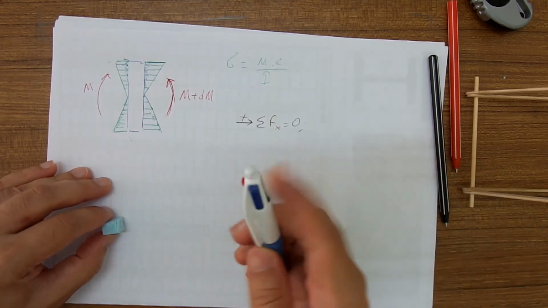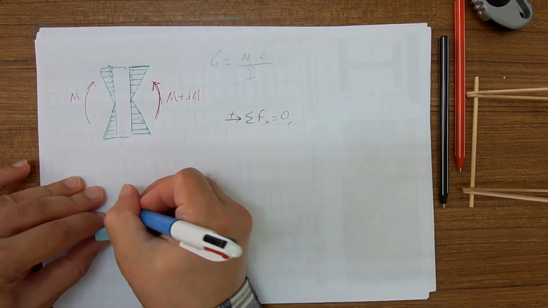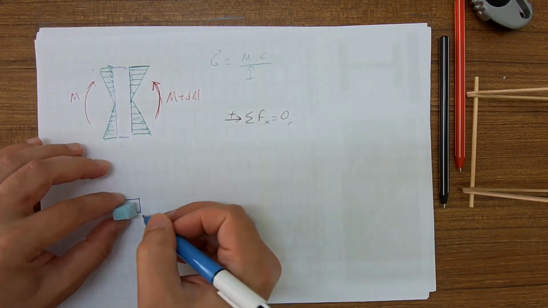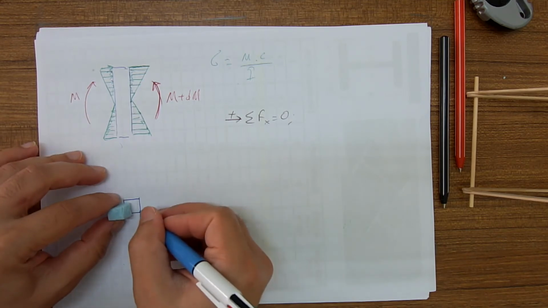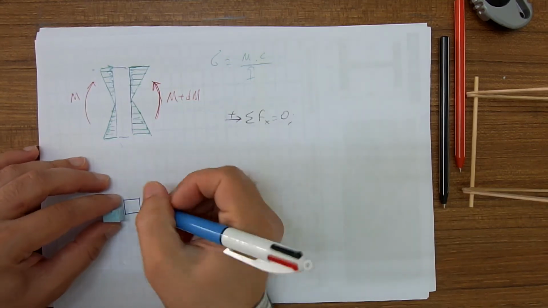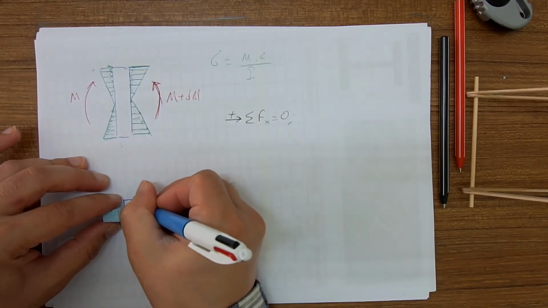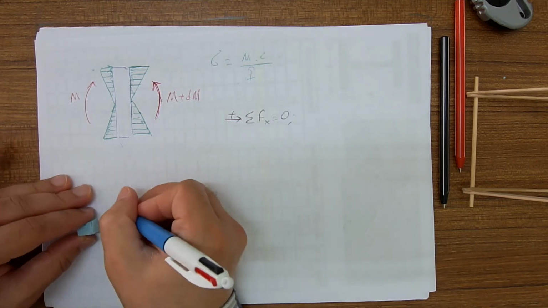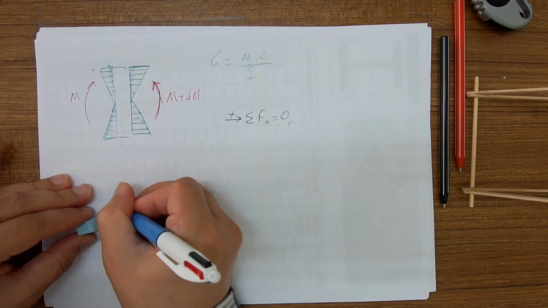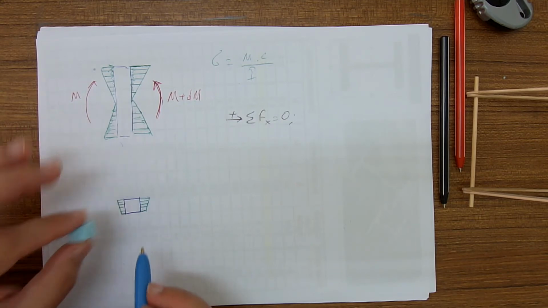Now my section, my part is smaller, and if we draw the shear normal stresses, if we plot the normal stresses, this is the condition, right?